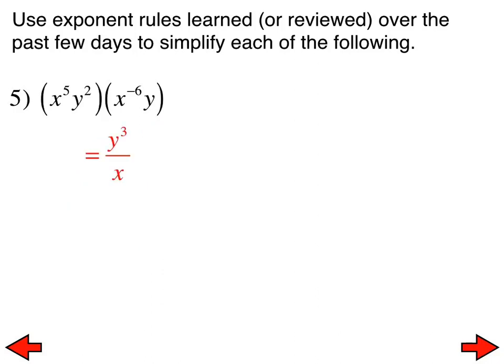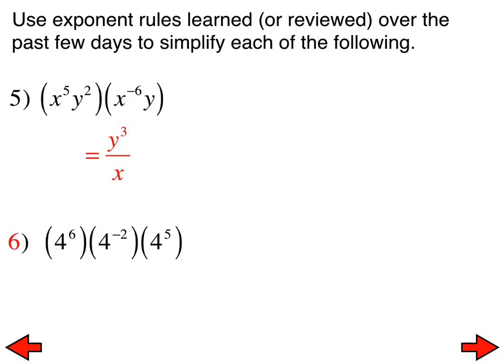Number 6, this one is in here for a reason, and the reason is very simple. Some of you seem to think that this simplifies to 64 to some power. And my question to you is, where did you get 64? I don't see any 64s up there.